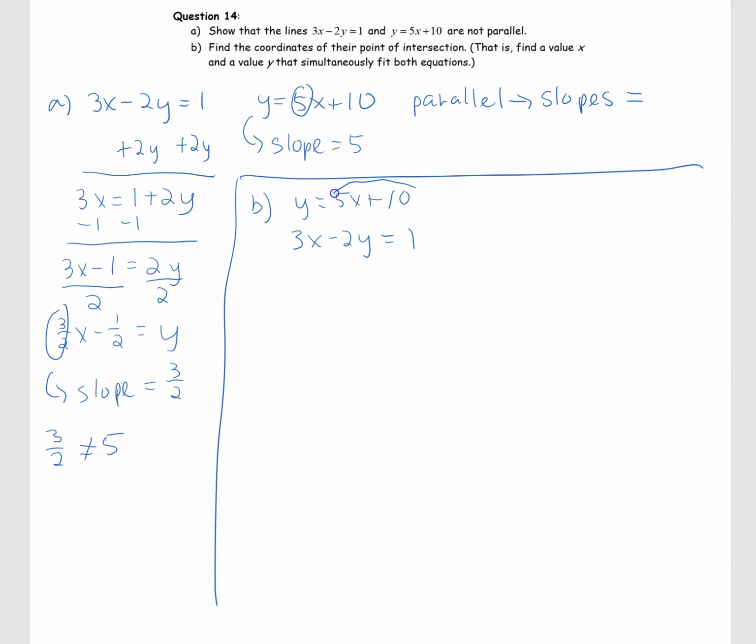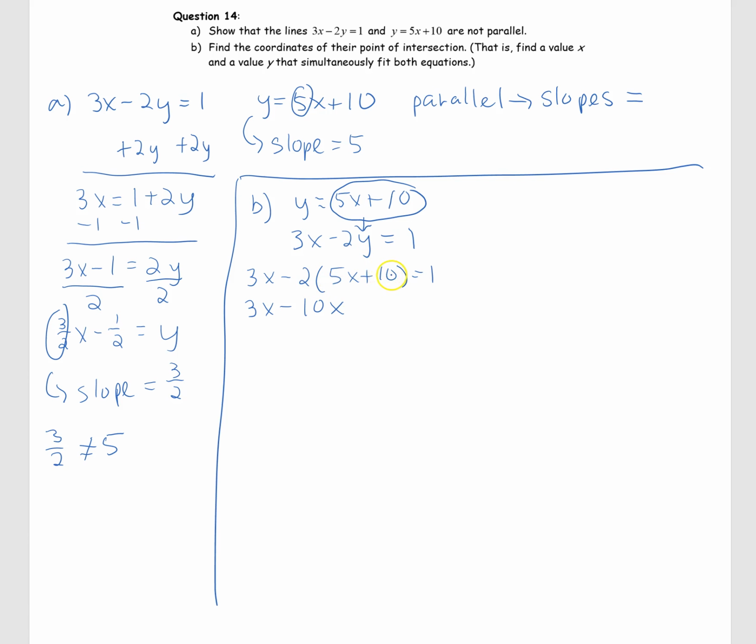So I'm going to plug in 5x plus 10 in for y here. This gives me 3x minus 2 times (5x plus 10) equals 1. So now I have an equation where the only variable is x, and so I can solve for x here. So multiplying that -2 in gives me -10x.